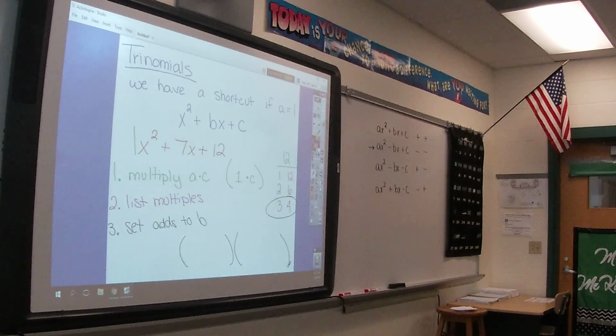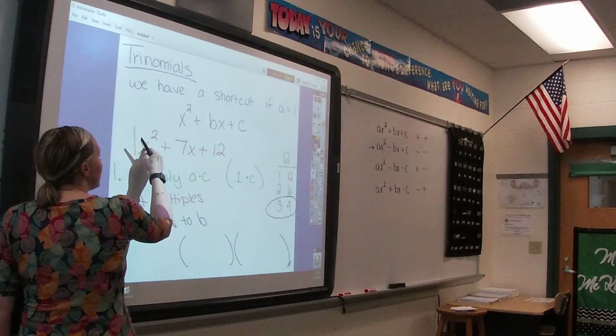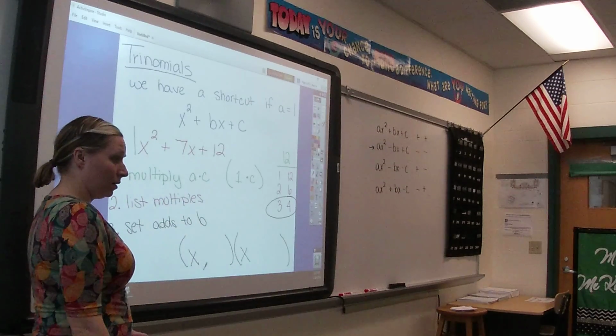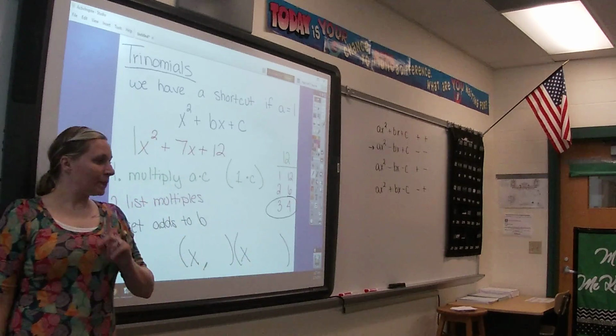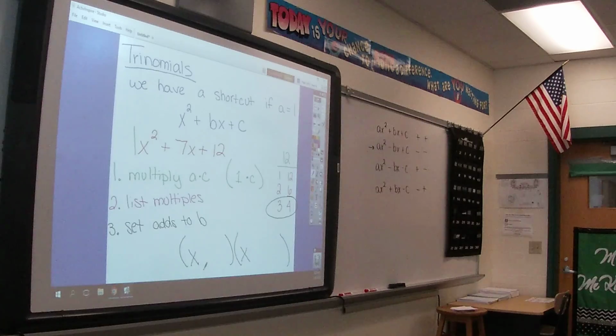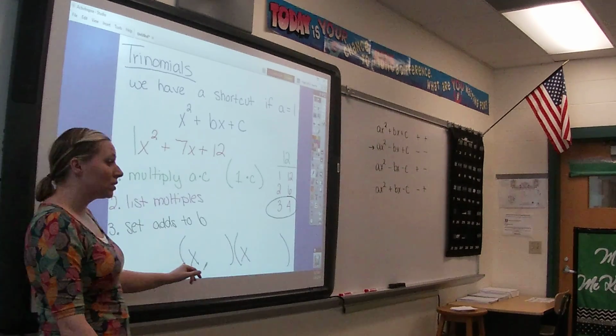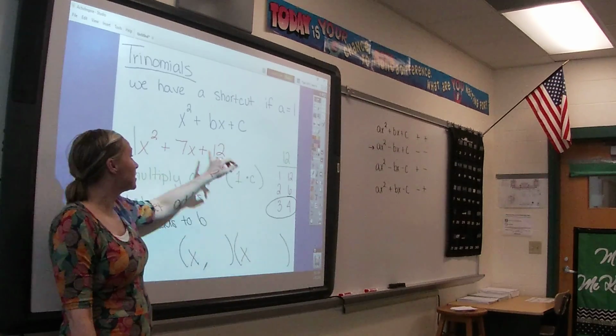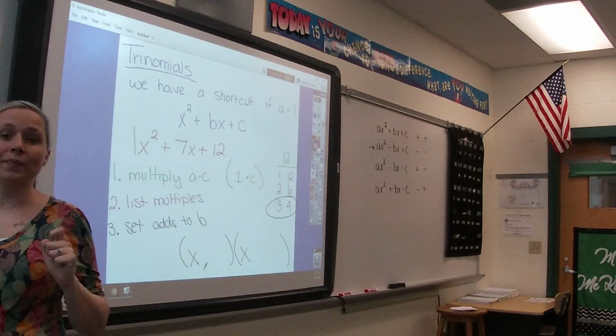It always factors into two binomials, where our variable is going first, but it's not squared. It's just the variable to the first power. The reason being, when we multiply this back out, when we do that double distributing, x times x is our x squared.